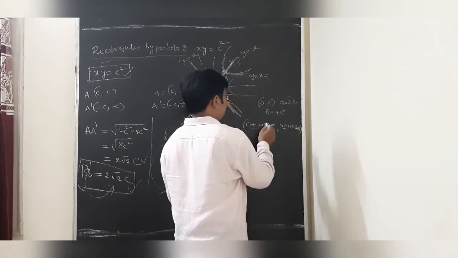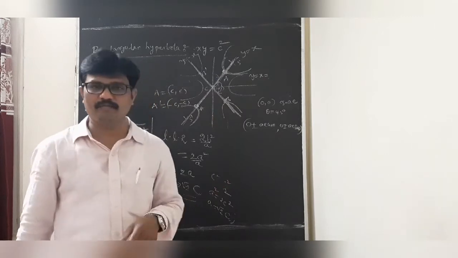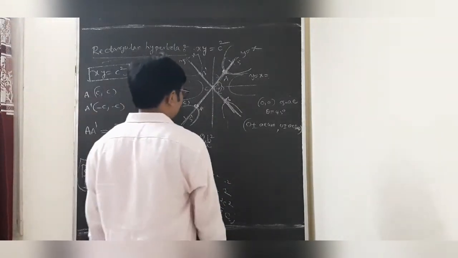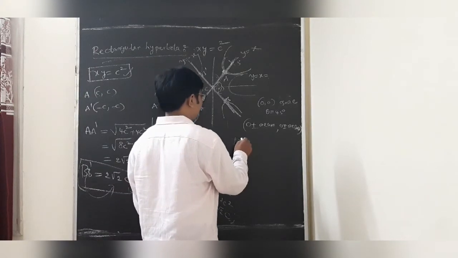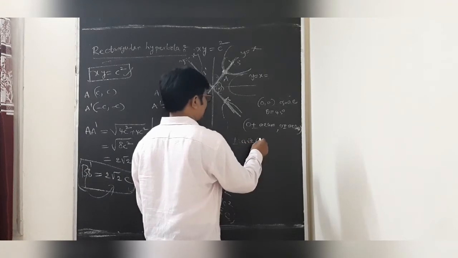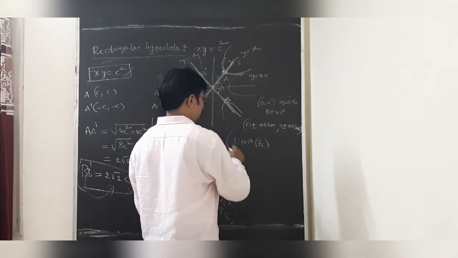For the rectangular hyperbola, the eccentricity is root 2. So this is plus or minus a into root 2 into cos 45, which is 1 by root 2.